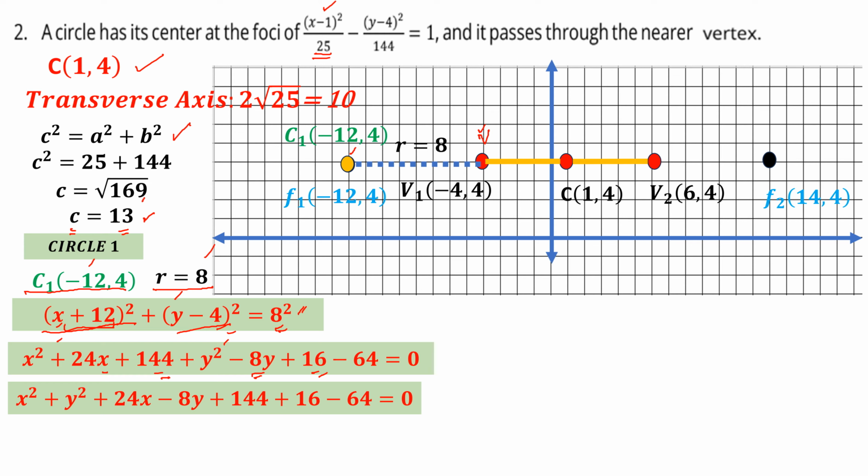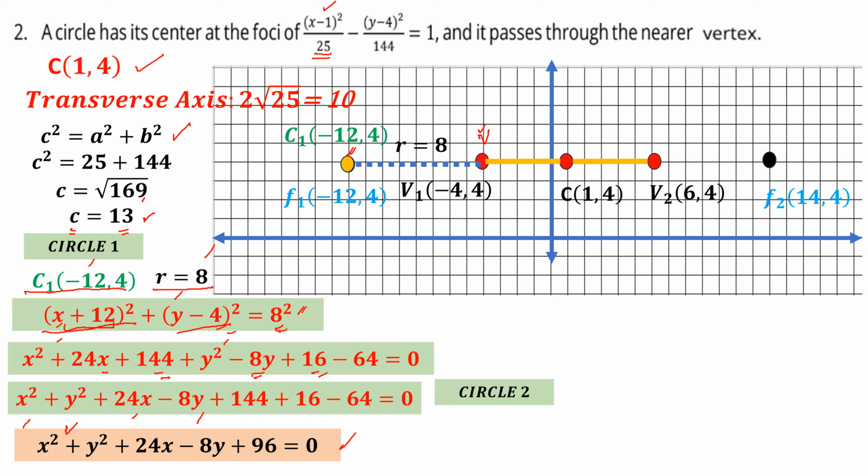So to simplify further, according to the general formula, x^2 and y^2 will be the first two terms, followed by the 24x minus 8y, followed by the 144 plus 16 minus 64.